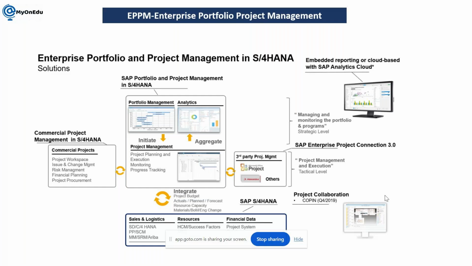Okay, so this means we are going to manage the portfolio at organization level, and whatever projects or tasks or activities we need to accomplish to achieve these portfolio objectives, that is the main purpose to implement SAP EPPM.